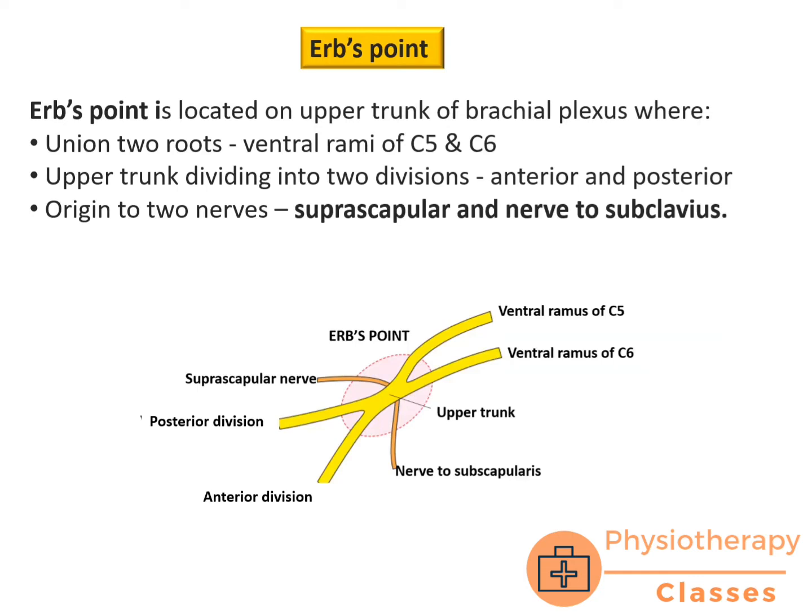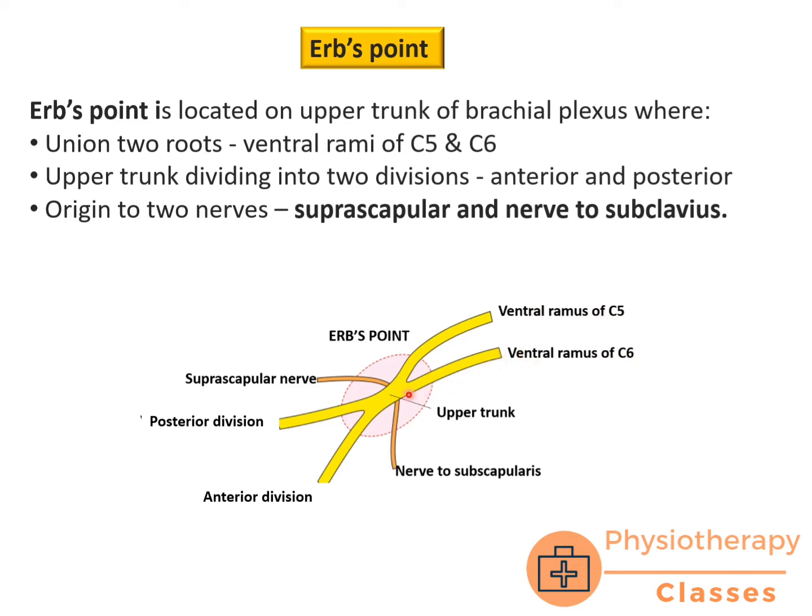Let us look at Erb's point in detail. As said earlier, Erb's point is located on the upper trunk of the brachial plexus where we have union of two ventral rami of spinal nerves, the ventral ramus of C5 spinal nerve and the ventral ramus of C6 spinal nerve.